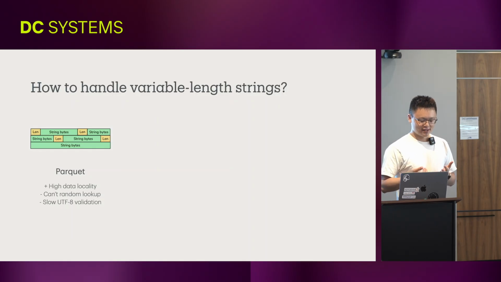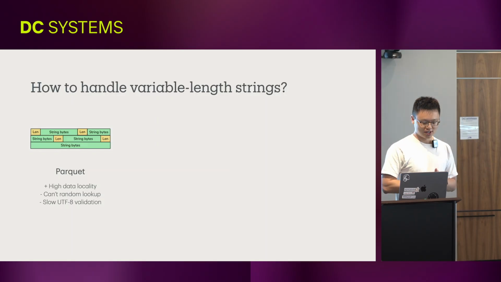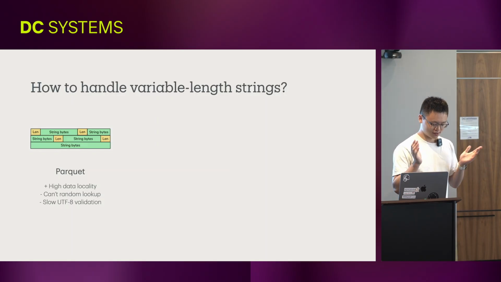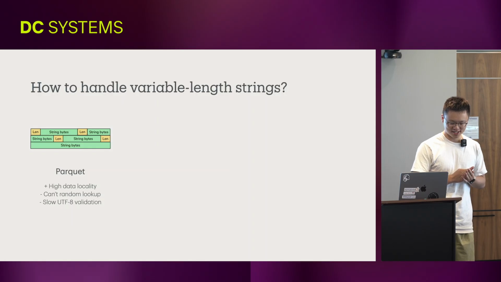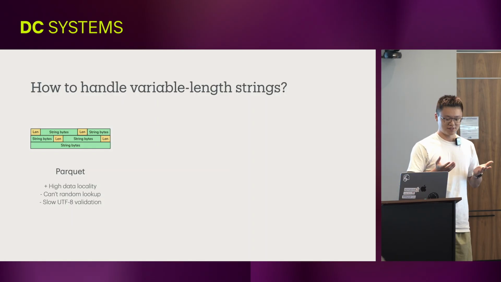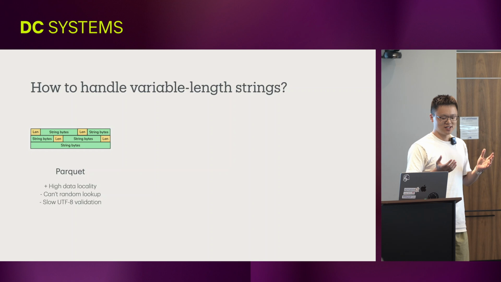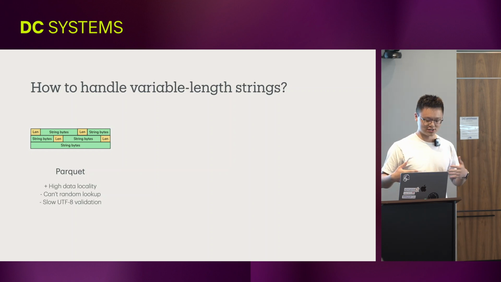Also, one subtle problem with this design is slow UTF-8 validation. For example, some programming languages like Rust require all string data to be UTF-8 encoded. So when we read data from Parquet, we can't trust the data to be UTF-8, so we have to do UTF-8 validation.